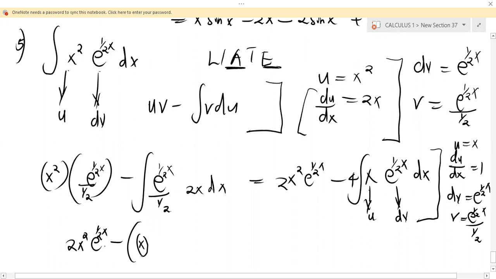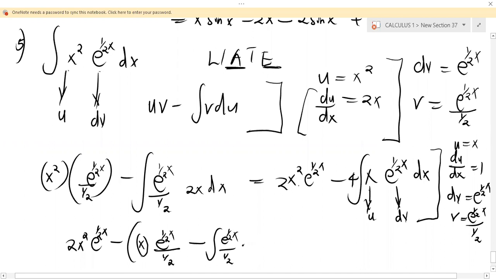So u is x, v is exponential a half x over a half, minus integral of v du. Integral of our v is exponential a half x over a half multiplied by du.